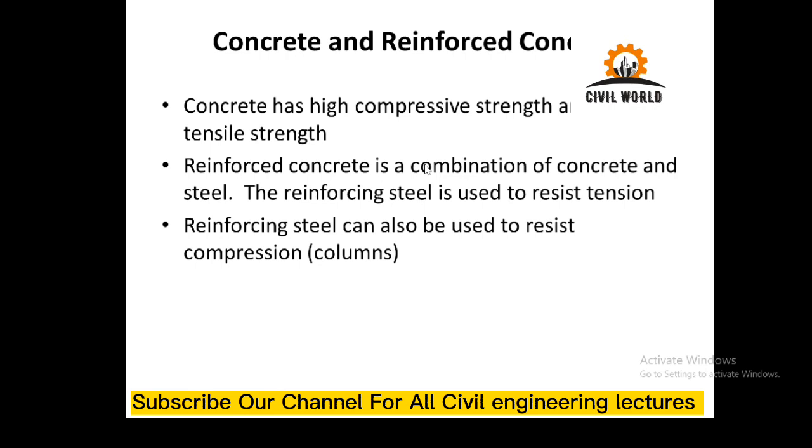So compressive strength of concrete is very good. However, compared to it, its tensile strength is very low. Normally, tensile strength of concrete is almost 10% of its compressive strength. So, to compensate for that, steel bars are added on the tension face of the concrete members to take tensile stresses. So the compressive stresses are taken by concrete and tensile stresses are taken by the embedded steel bars.